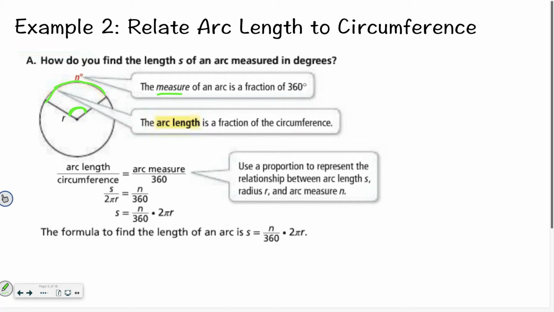And 2 pi r is how we represent our circumference. If you've forgotten what circumference is, it's the distance around the outside of the circle. And we set that equal to n over 360, and n represents whatever our arc measure is. So the formula you need to memorize is S, or arc length, equals n over 360 times 2 pi r.